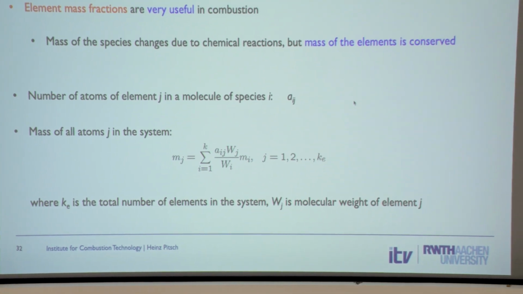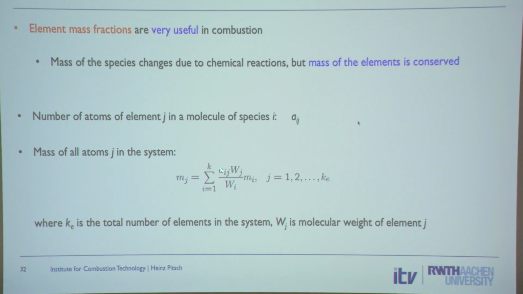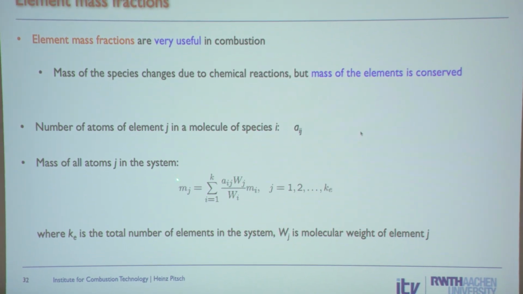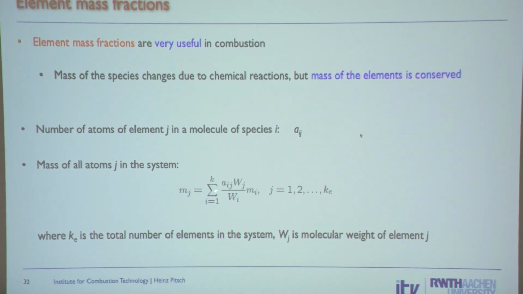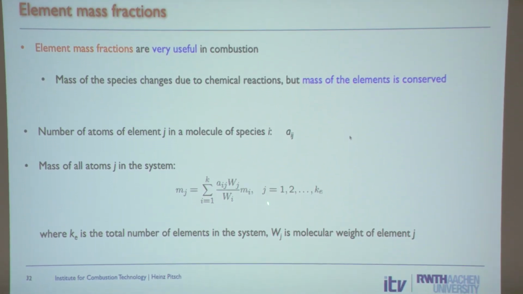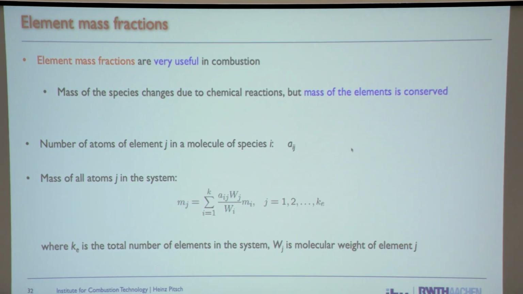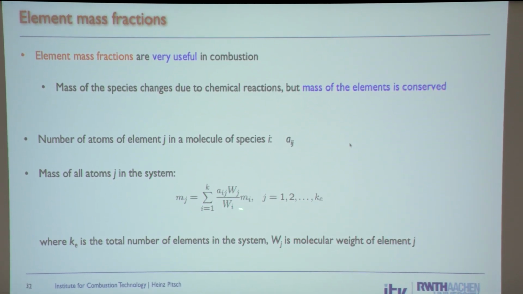Now I have the number of atoms of species I, and then I multiply it with the atomic weight, which gives me the mass. Of course, I sum it over all species, H2O, O2, and so on. This looks a little complicated, but now you understand it. We don't need to worry about it; we just need to put in the numbers.